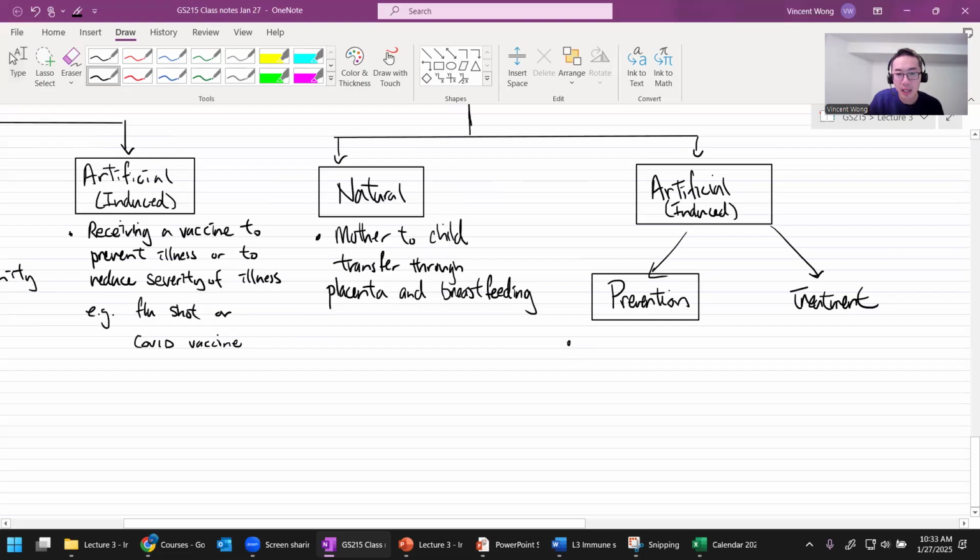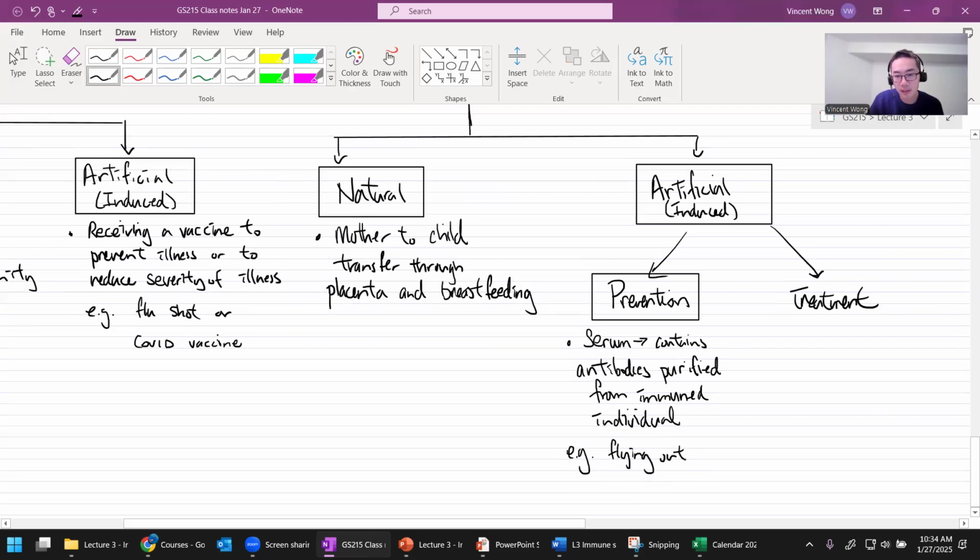So you can get what's called a serum. Serum contains antibodies purified from immune individuals. For example, flying out tomorrow and need protection right away.